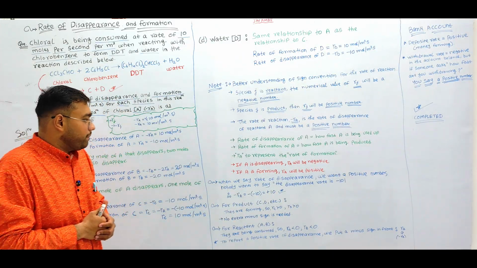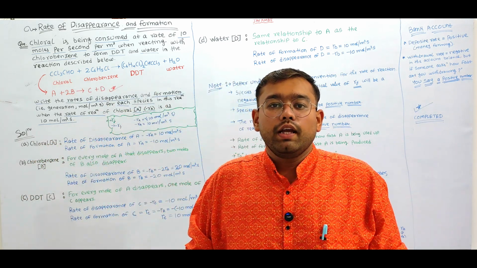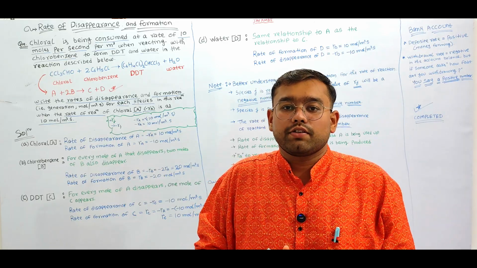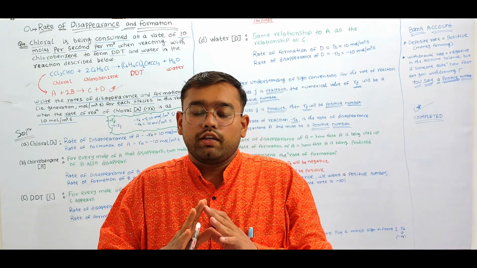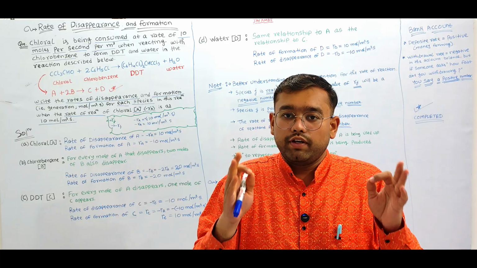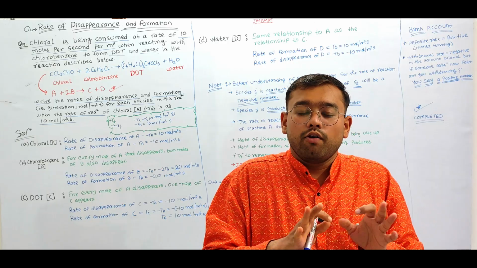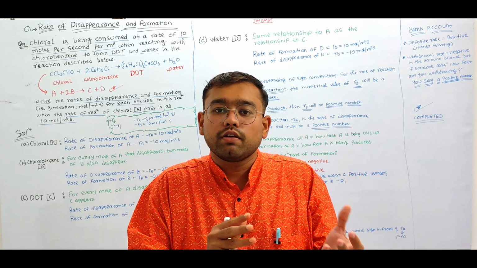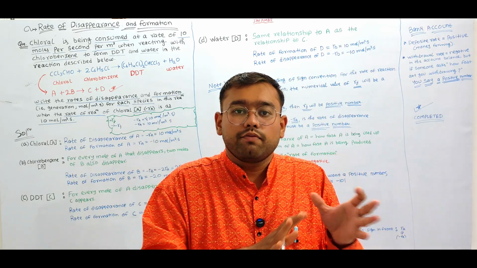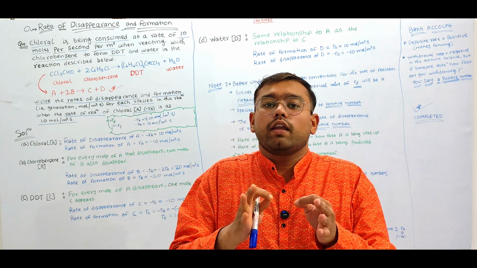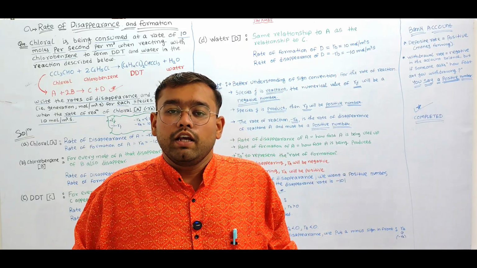In today's lecture, we have understood the numerical example based on the rate of formation and the rate of disappearance. This example will help you clarify your concepts on the rate of disappearance and the rate of formation, and how we use the sign convention for the reactants and for the products.